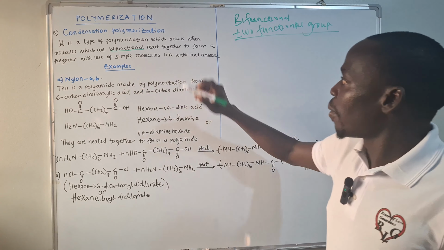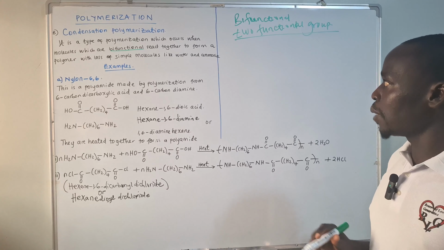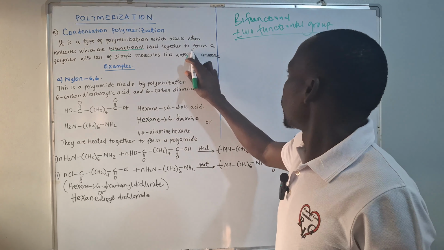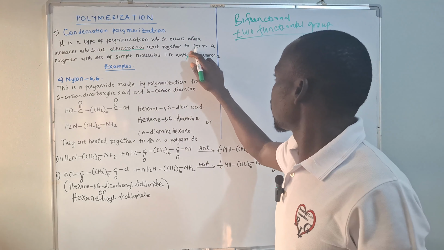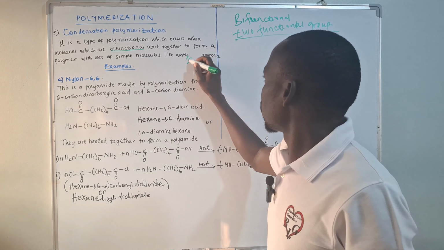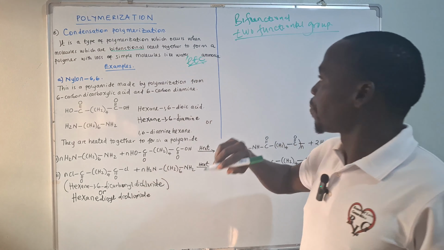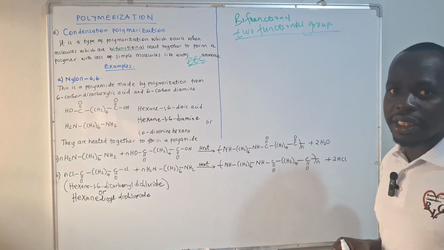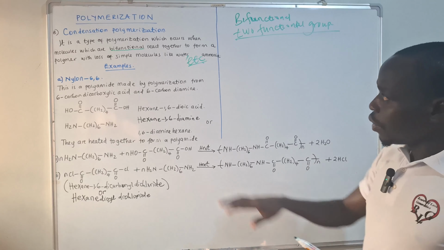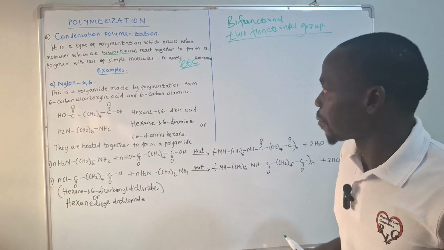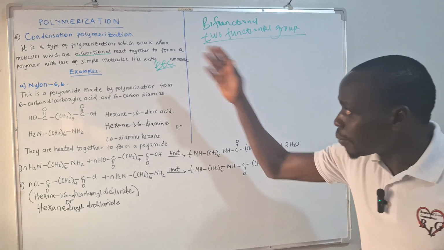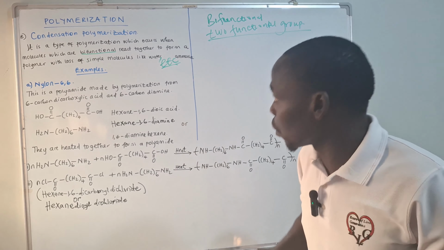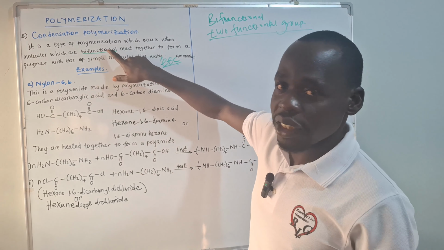react together to form what we call a polymer, with the loss of simple molecules like water. Of course, ammonia can be lost in the process. We have also others, so we shall say etc., because we shall see later that even hydrogen chloride can be released in the process. When someone tells you to differentiate between condensation polymerization and addition polymerization, this must appear in your definition.